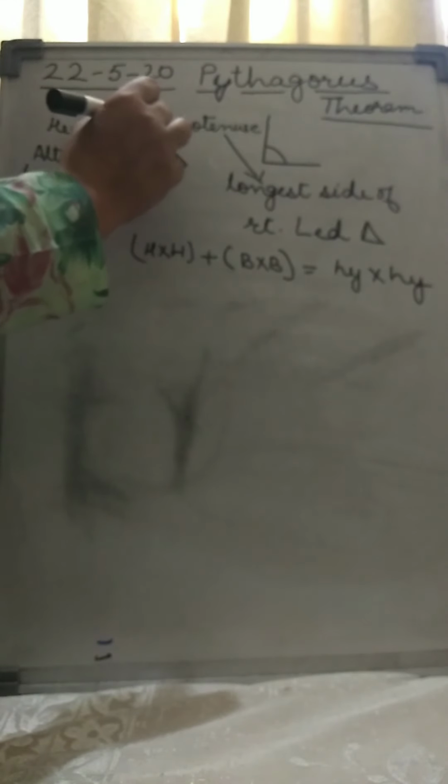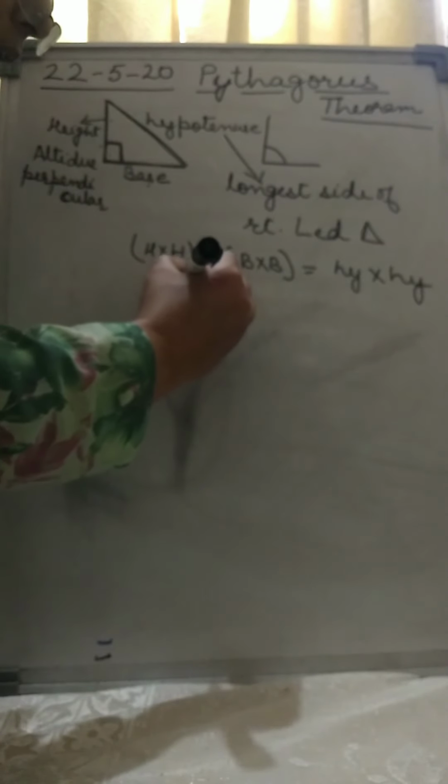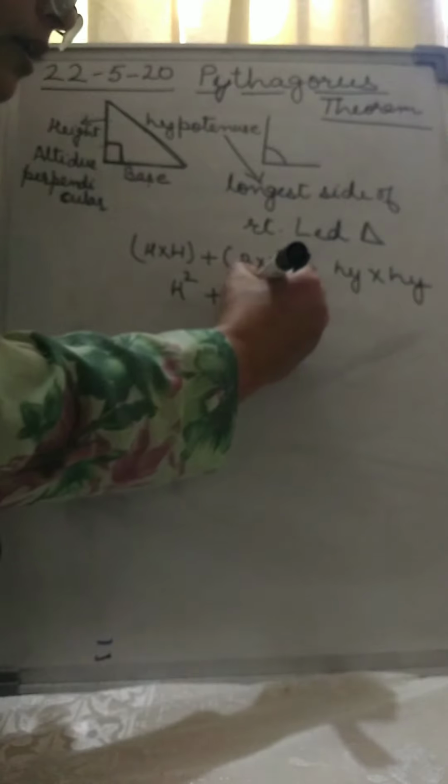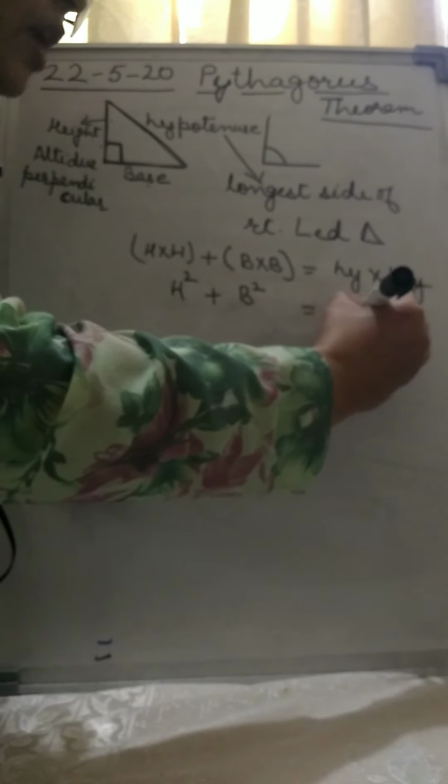When we add them, it will always be equal to the hypotenuse multiplied 2 times. So this is going to be height square plus base square is equal to hypotenuse square.